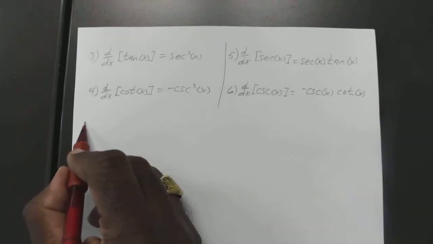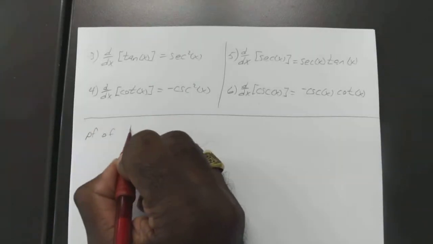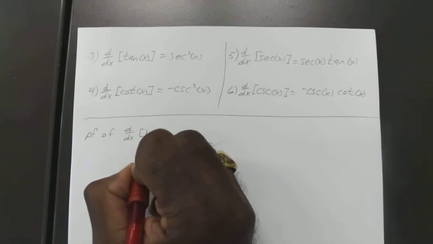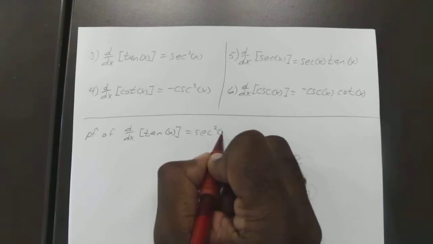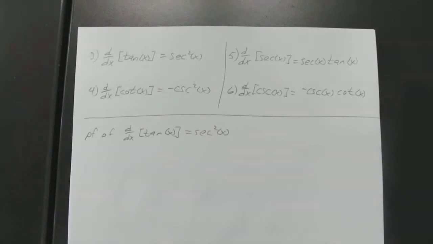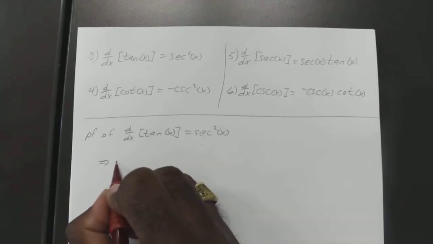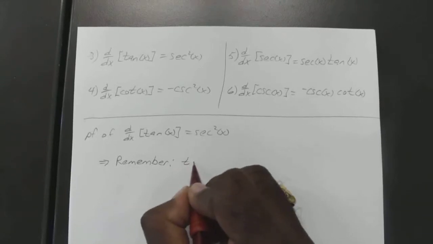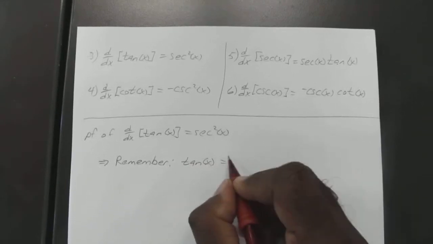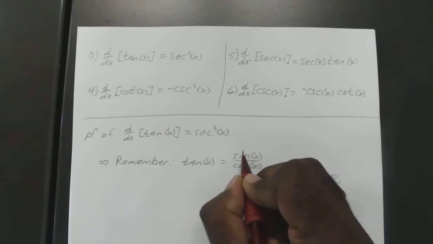All right, so the proof of the derivative of tangent equals secant squared of x. For this proof, you just have to remember the replacement that tangent of x equals sine of x over cosine of x.